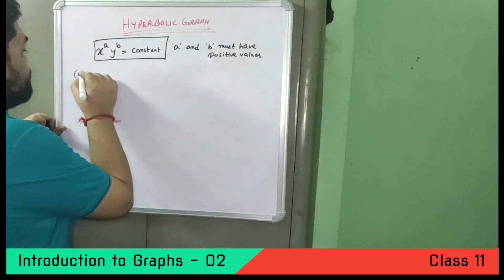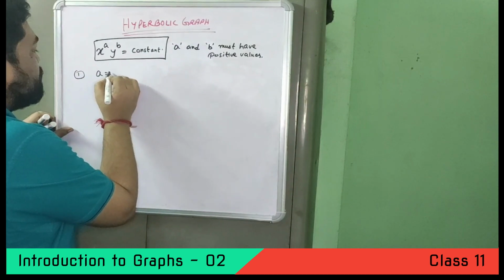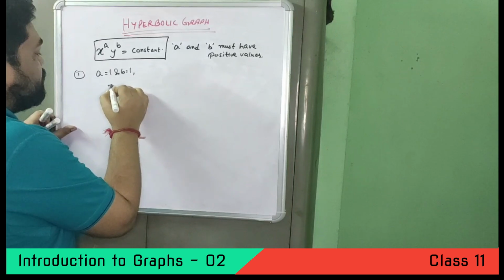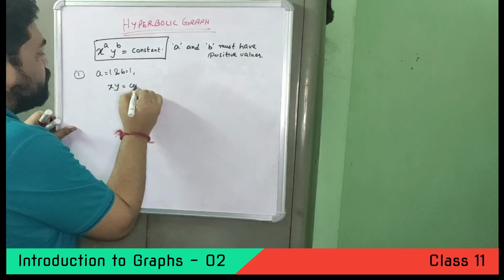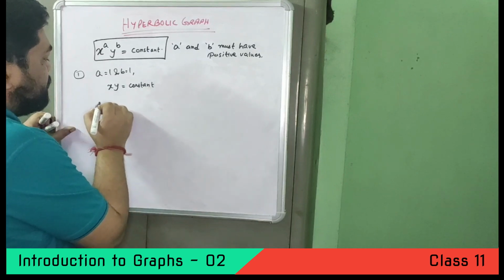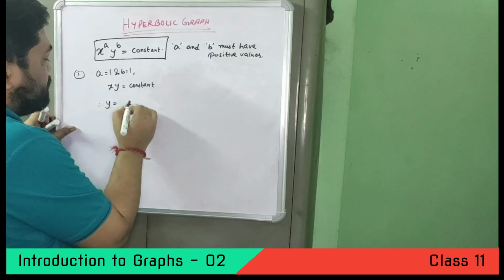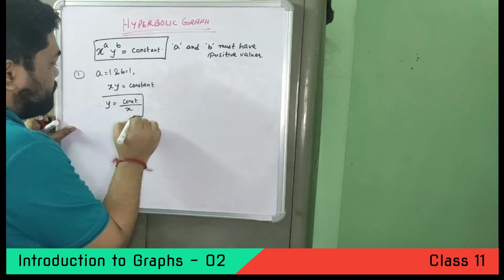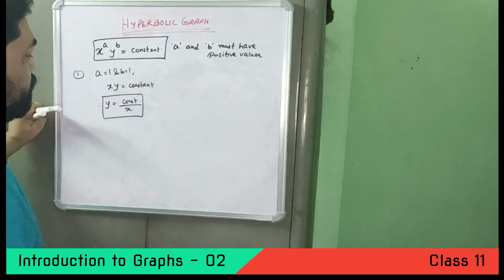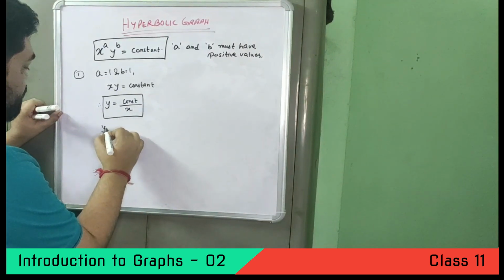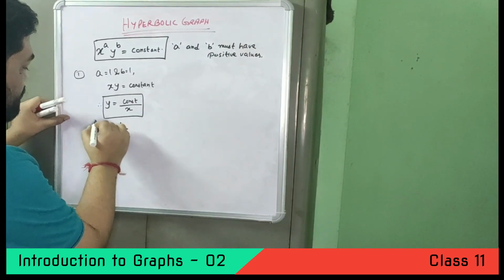Now in the first case, if I consider a equals 1 and b equals 1, we will have the equation xy equals constant. Now for xy equal to constant, from here y equals constant by x. So we can say that y is inversely proportional to x, right?